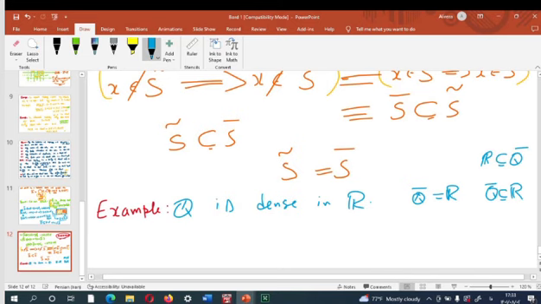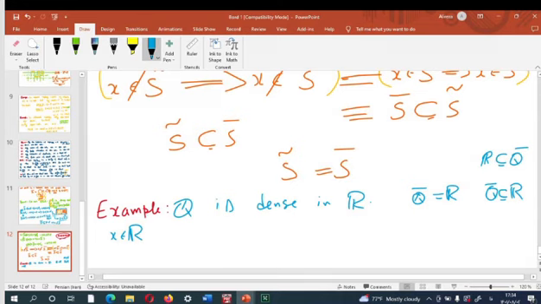You can take an element of R such as X and show that X is in the closure of the rational numbers.